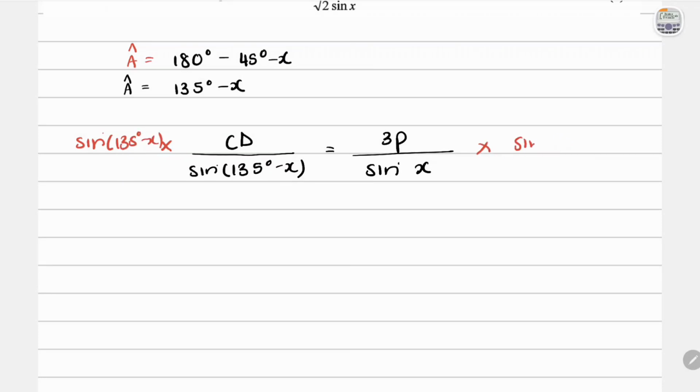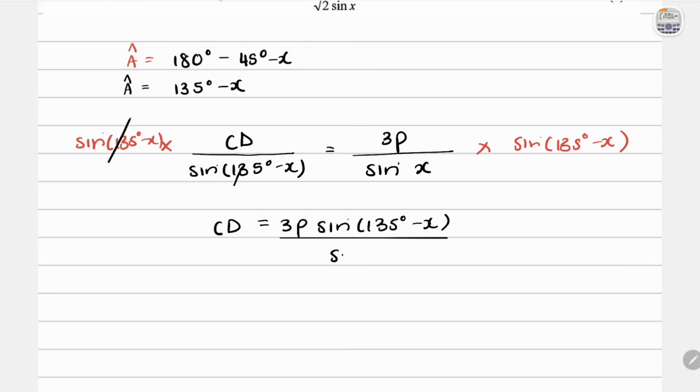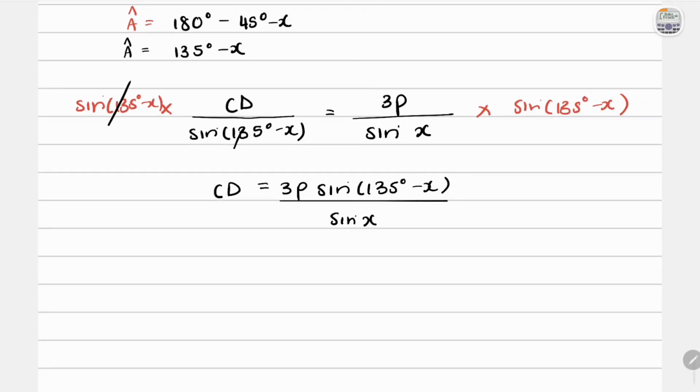So it's an equation. What you do on the one side, you must do on the other side. So now that that's done, these two cancel and you're left with CD is equal to, on the numerator, 3P times sine 135 degrees minus X all over sine X. Okay, so this is what we have.